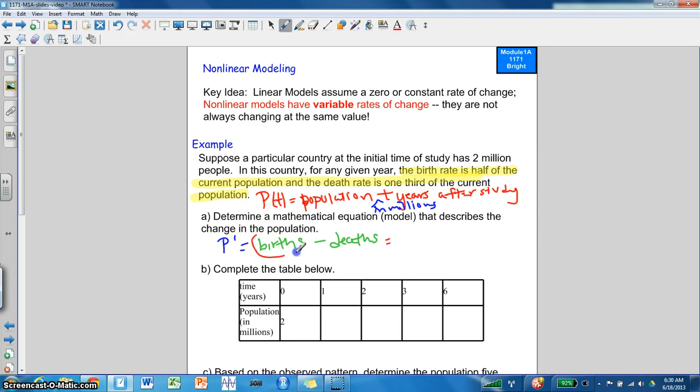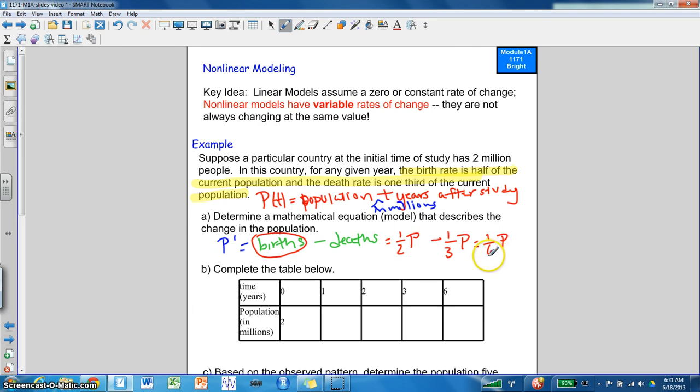So this part becomes 1/2, and to represent the current population, well, the population at t years is just given by P. Then the death rate is 1/3 of the current population, so that should be minus 1/3 of P. Simplifying this, I get 1/6 P. So this means that the change in population is equal to 1/6 of the current population, and that's a positive value, meaning that this country is growing over time.